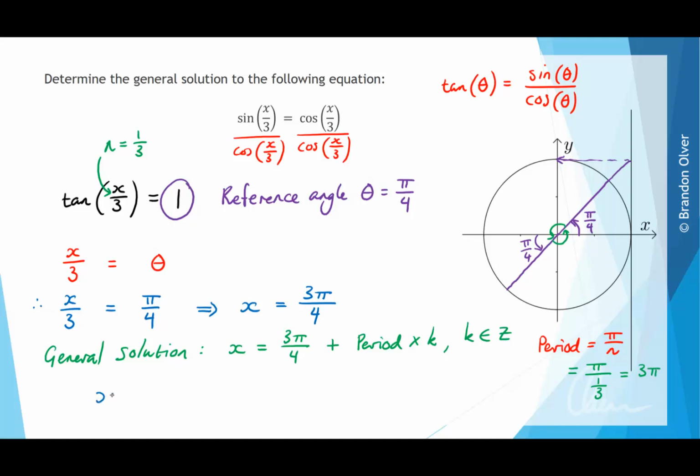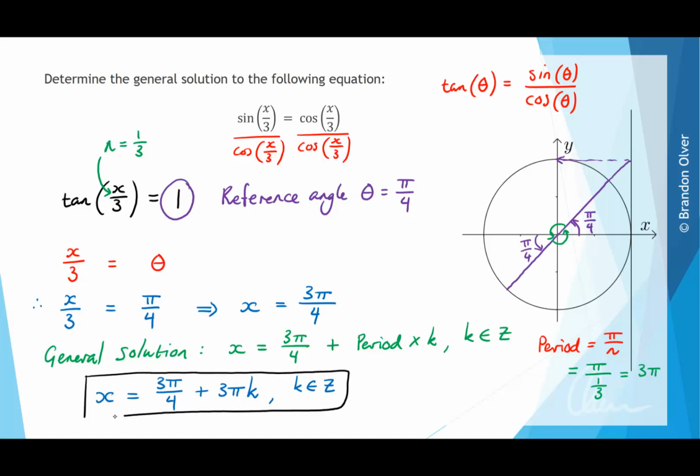So that means our general solution is x is equal to 3 pi on 4, a specific solution, plus the period, which is 3 pi, times the parameter k to indicate that we could add or subtract on any amount of periods and we would still get another valid solution. And that is for k is an element of the integer set. So that is what we would call the general solution to an equation.